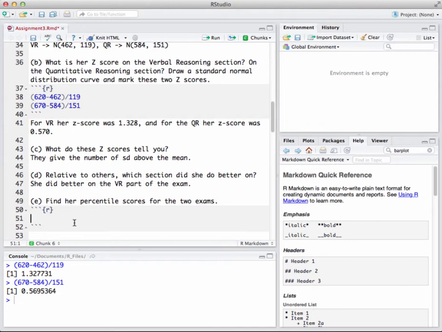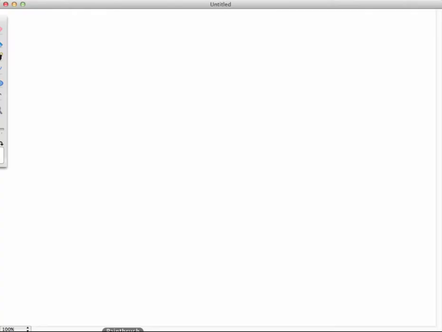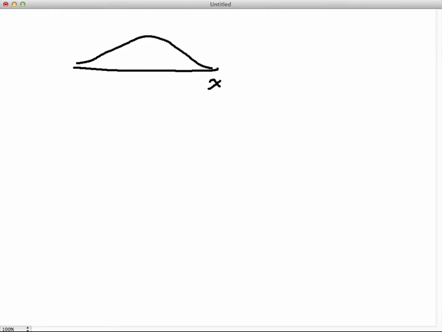was corresponding to that. So let's go over to the whiteboard real quick and draw that. Sorry about that. So what we know is, in the first situation, we have 2 normal distributions, and let's say that this one was the verbal reasoning distribution.